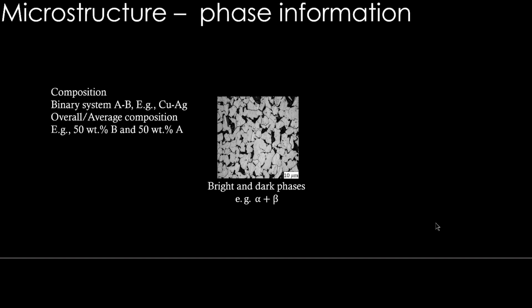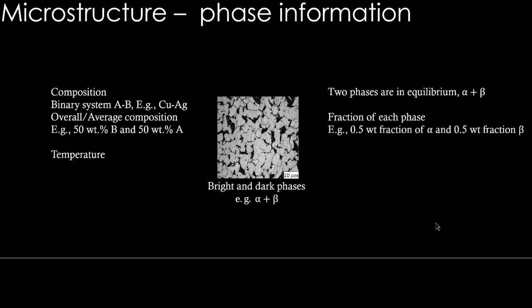Then, what is the temperature this microstructure belongs to? Then what we read from this is two phases are in equilibrium, alpha and beta. So we know the number of phases and the names of phases. Then fraction of each phase. Example, 0.5 weight fraction of alpha and 0.5 weight fraction of beta.